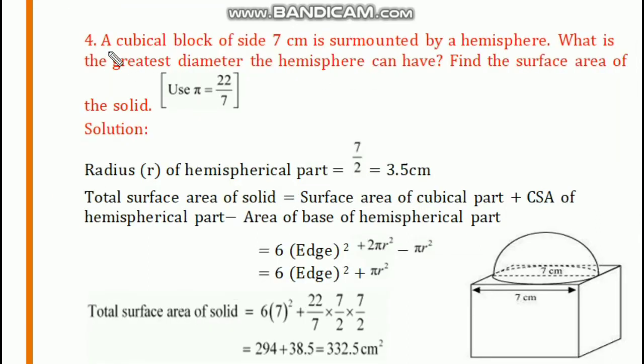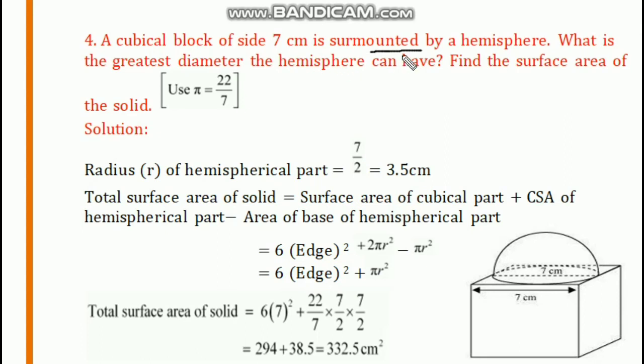Students, let's discuss exercise 13.1, fourth sum. A cubical block of side 7 centimeter is surmounted by a hemisphere. What is the greatest diameter the hemisphere can have? Find the surface area of the solid. So already here given the edge of a cube is 7 centimeter.